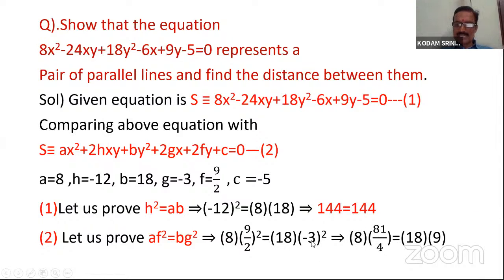Here also 18 into minus 3 whole square, which is 9, so 18 into 9. After simplifying both sides, 2 into 81 is 162, and 18 into 9 is also 162. So we got 162 equals 162. Therefore, we have proved the second one also.